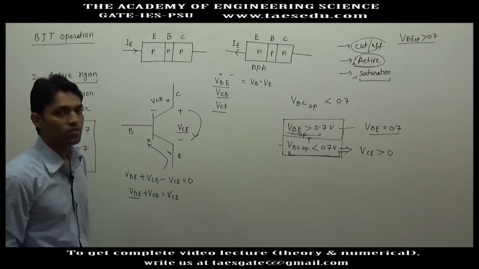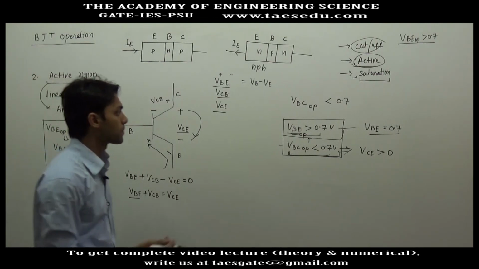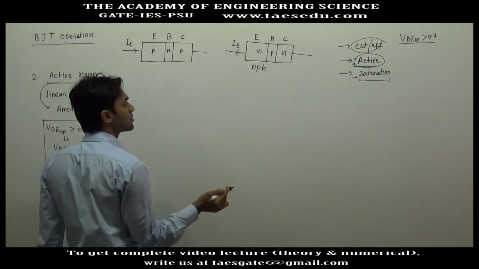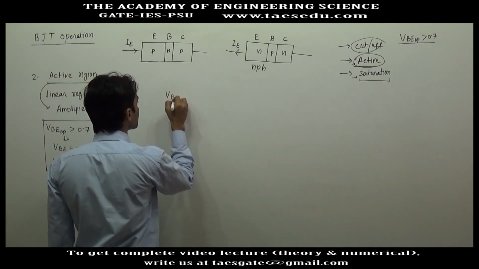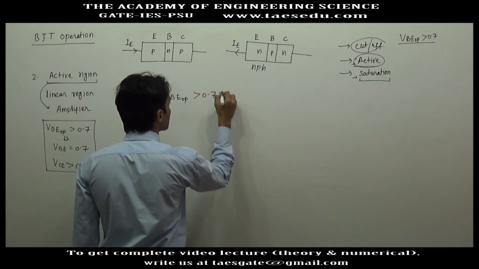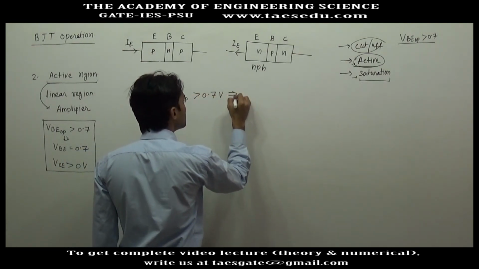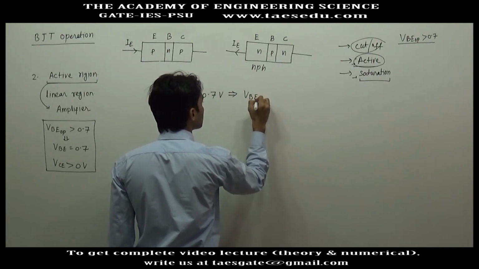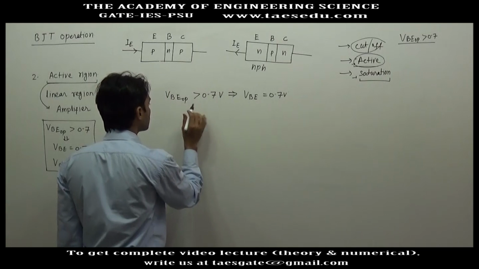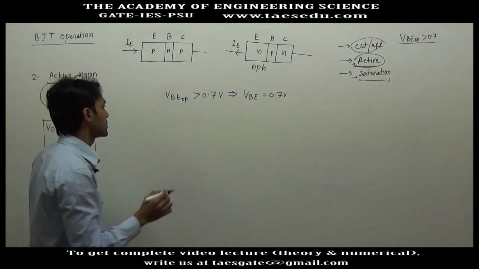So what will be the condition of saturation region? First, it should be out of cutoff region. VBE must be greater than 0.7 volt. This means VBE will be 0.7 volt. And what about the collector base junction?